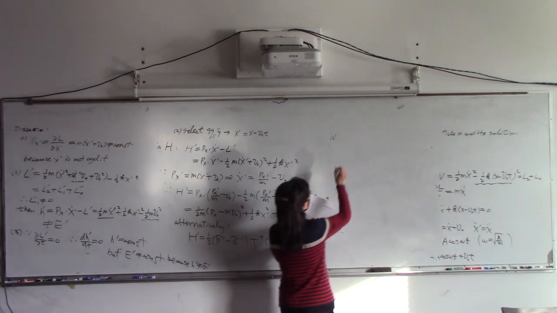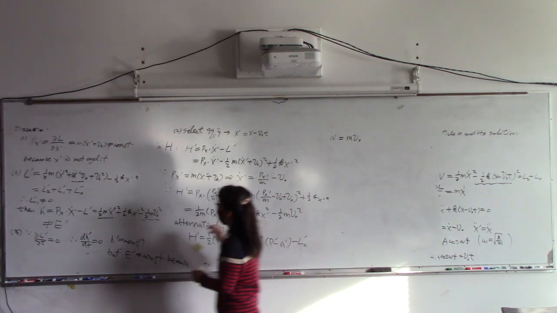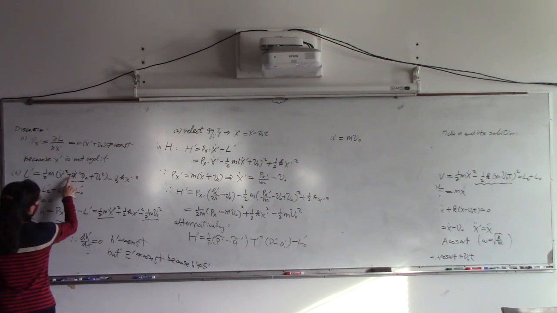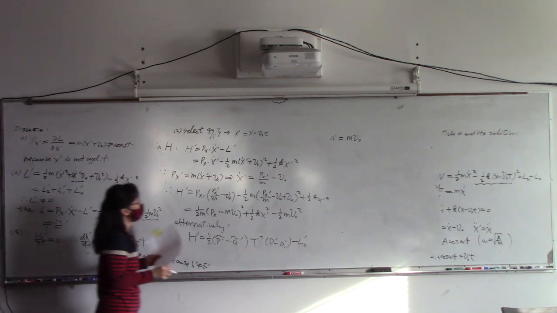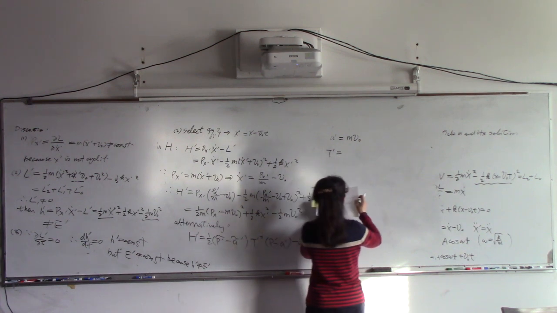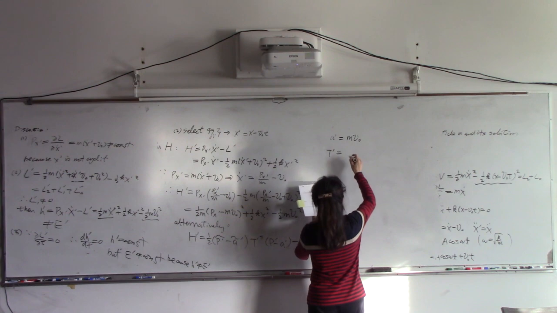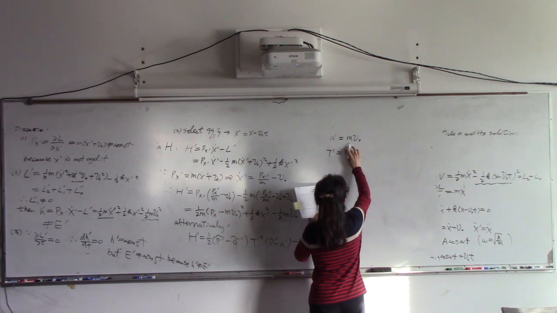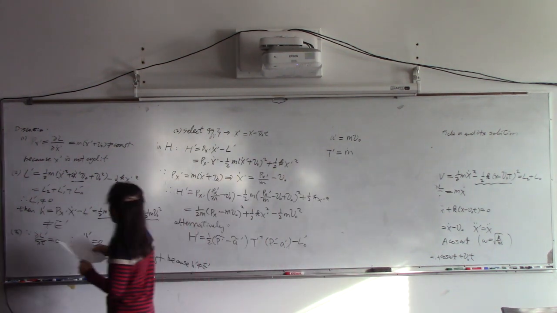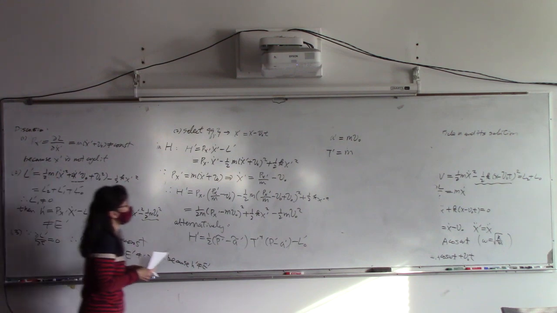So A prime is m v naught, right? For x prime dot, we have half after the m v naught. And then the mass is still m. This is the projector, so this one is still here.